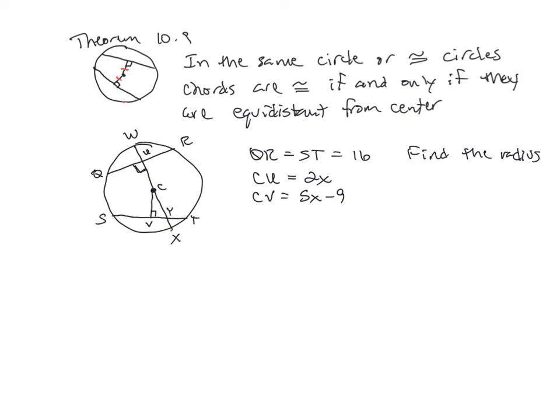So I don't think I'm going to be really using the arc information, plus I don't know any degrees, but I do know that from Q to R is 16, and if Q to U and U to R are going to be the same, that's what that theorem said, then this would have to be 8, that would have to be 8, that would have to be 8.